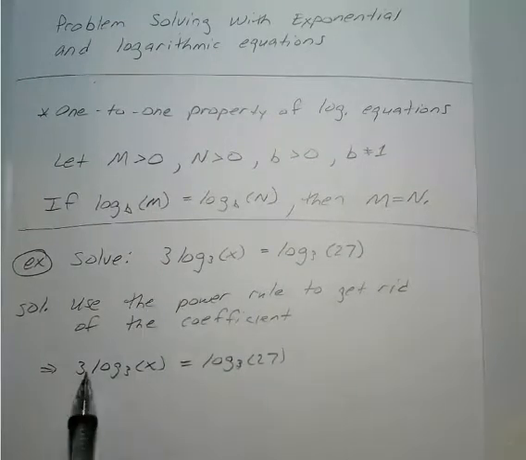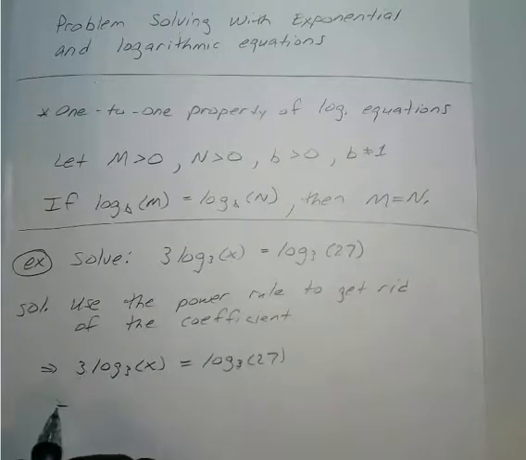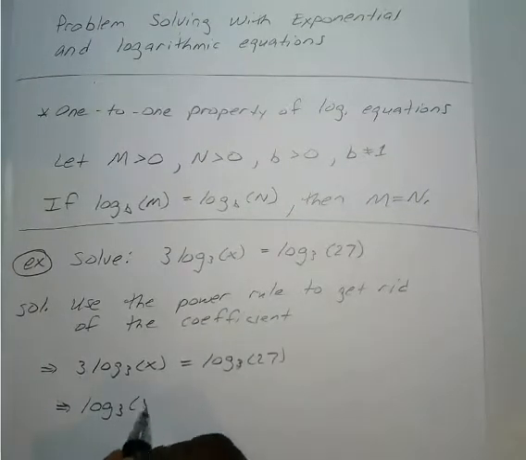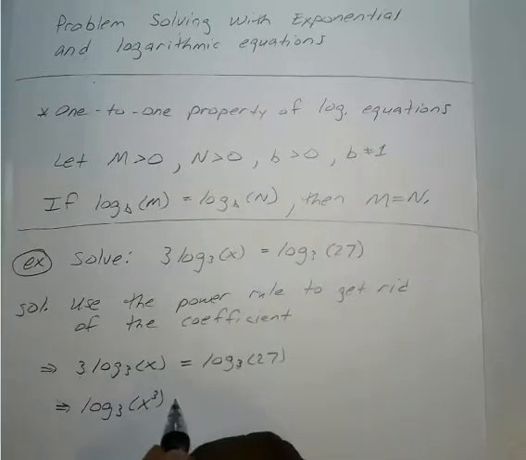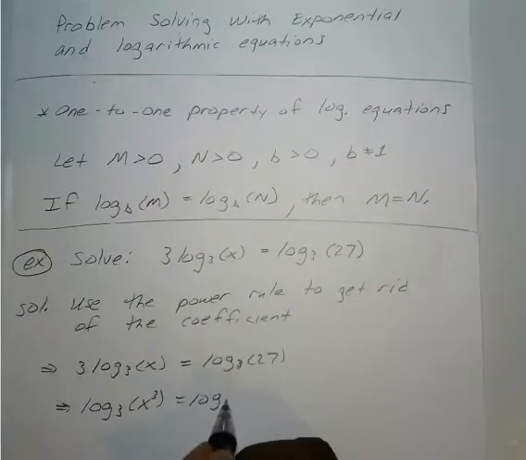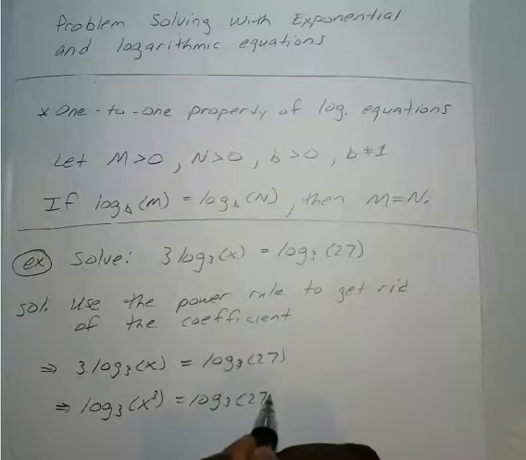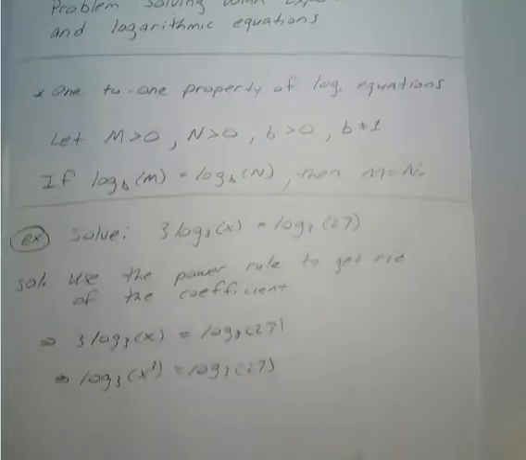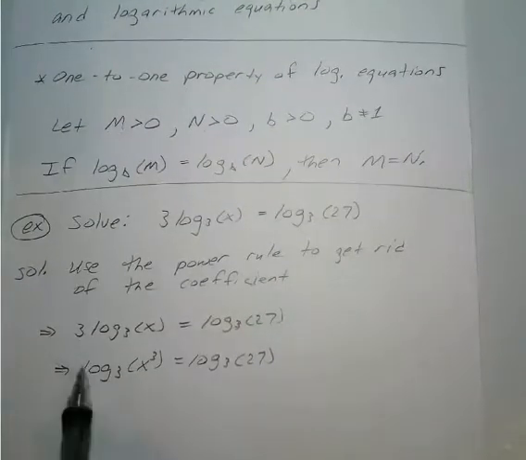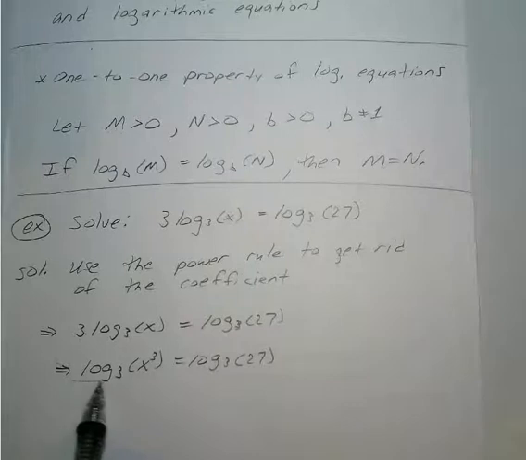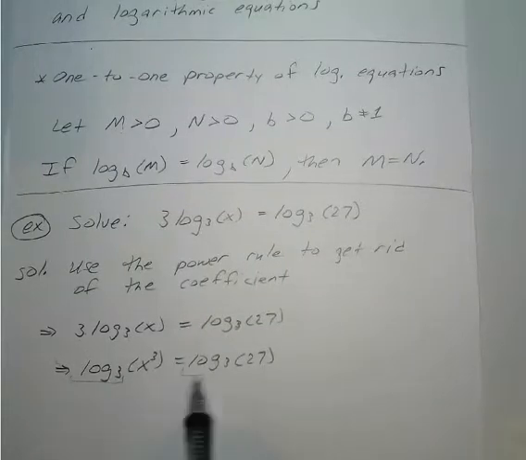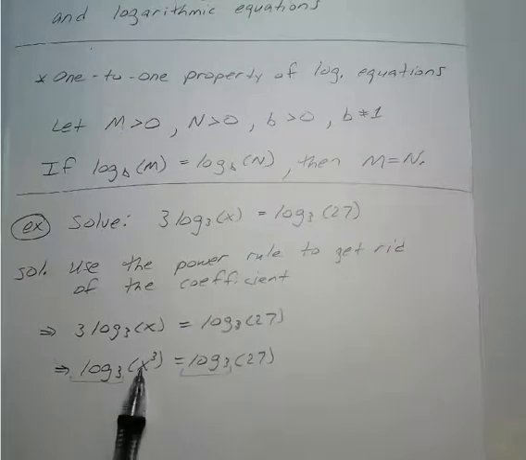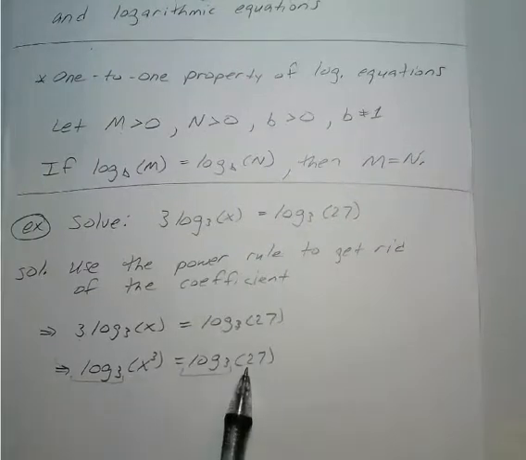Remember, that just becomes an exponent, so you now end up with log base 3 of x to the third power equals log base 3 of 27. Now you have log base 3 here and log base 3 here. So in order for this to be true, x to the third power has to equal 27.